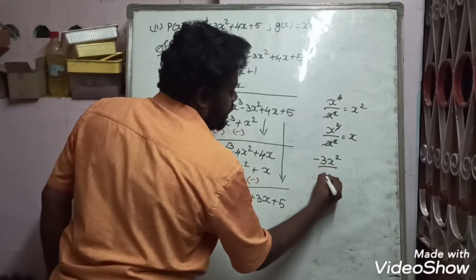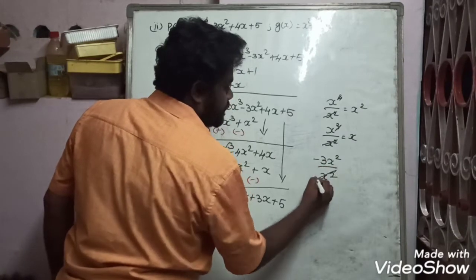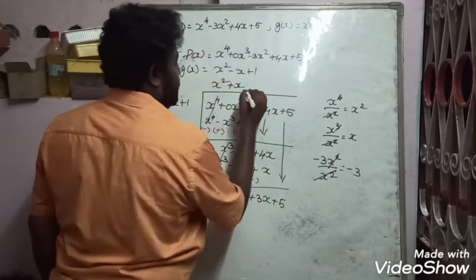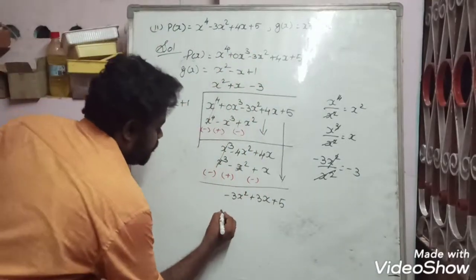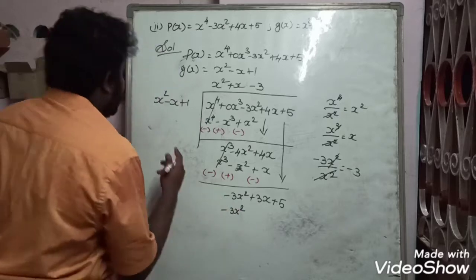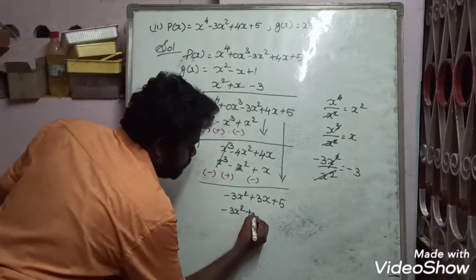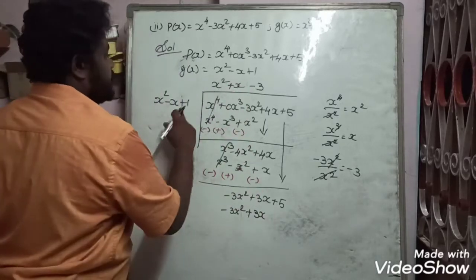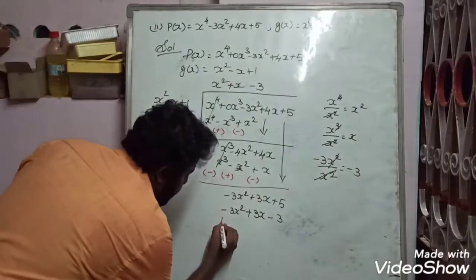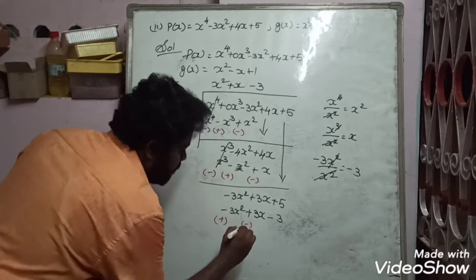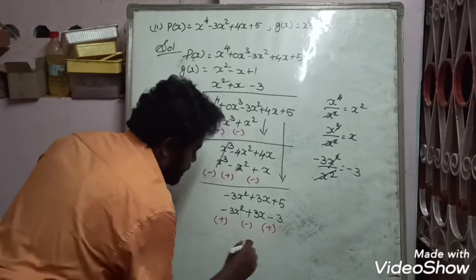Again we compare the first term. Minus 3x square divided by x square, we get minus 3. So plus into minus, minus 3x square, minus into minus, plus 3x, plus into minus, minus 3. Now we change the symbol. Minus 1 becomes plus, plus 1 becomes minus, minus 1 becomes plus.